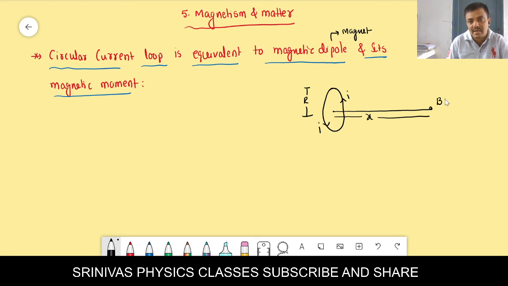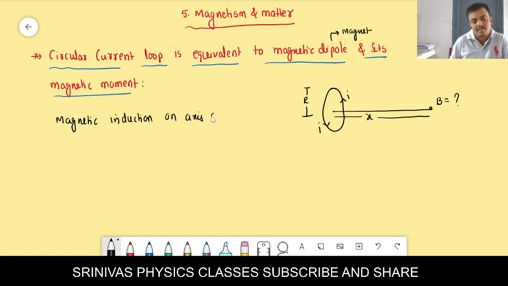I want the magnetic induction formula, right? Now, the magnetic induction or magnetic field on the axis of a circular coil.